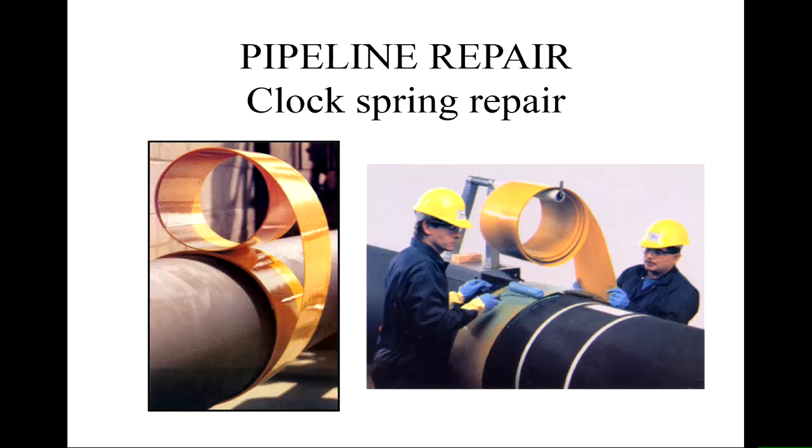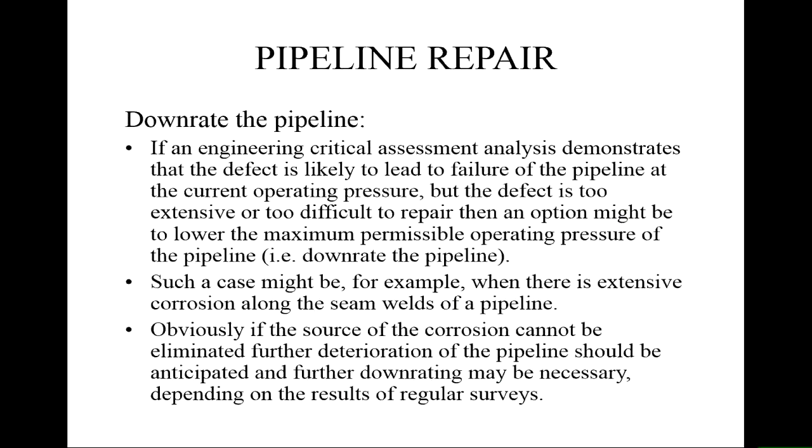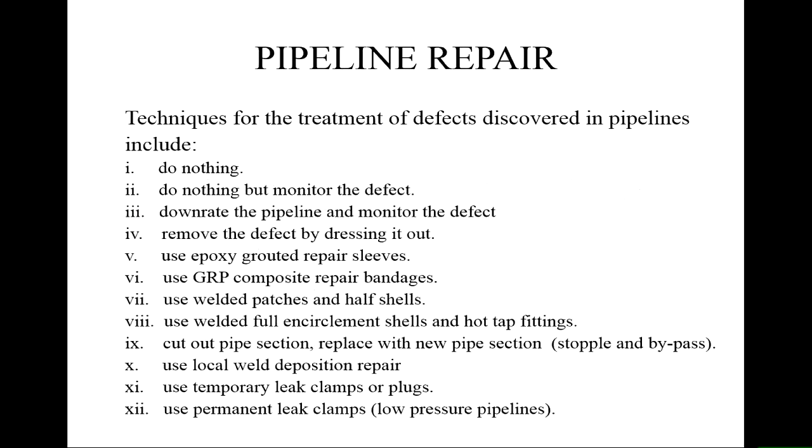So these are made from glass fiber reinforced composites, and you simply bandage the pipeline in the region of the defect. What else? Welded patches and half shells. Half shells, similar to the shells that we've seen in the case of grouted sleeves.